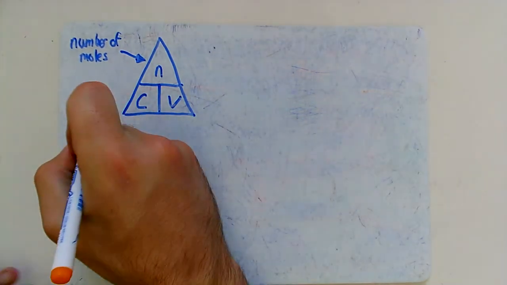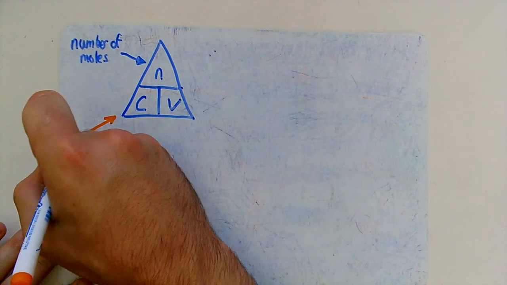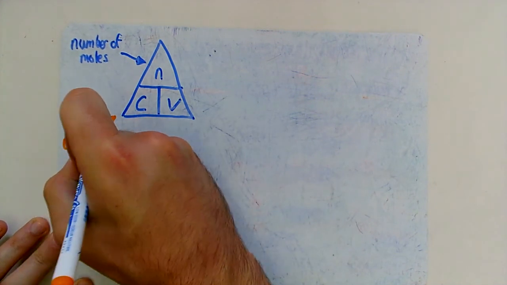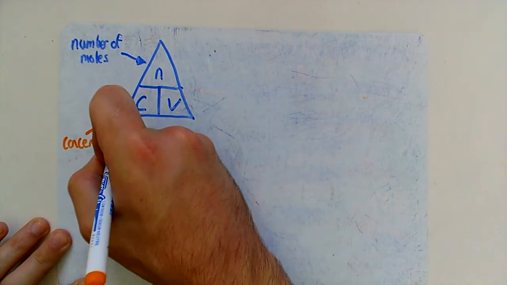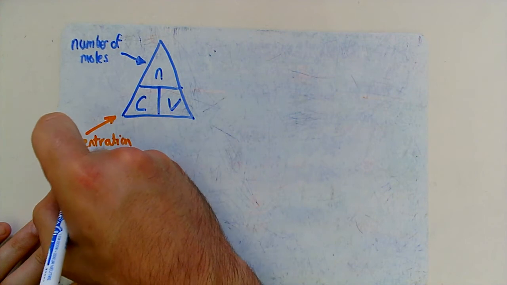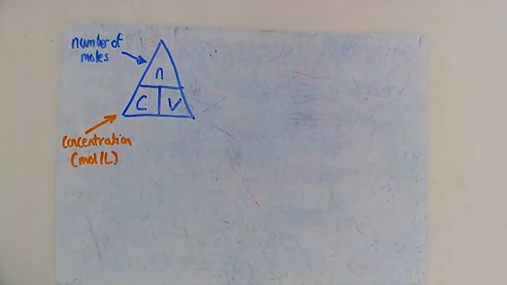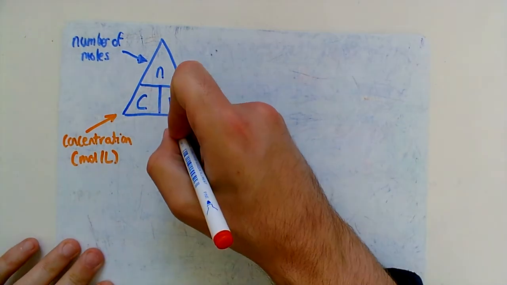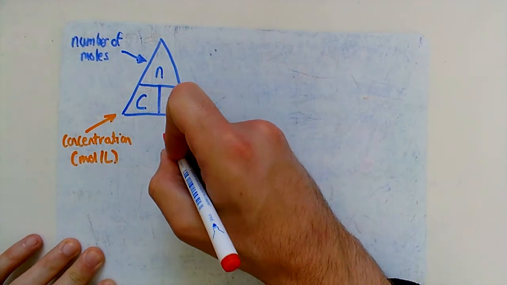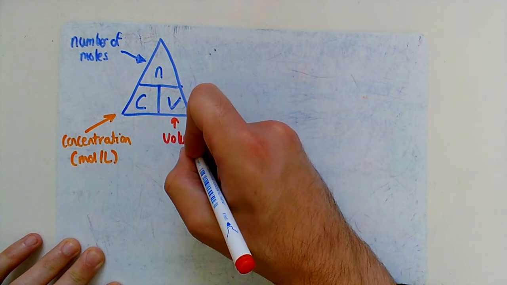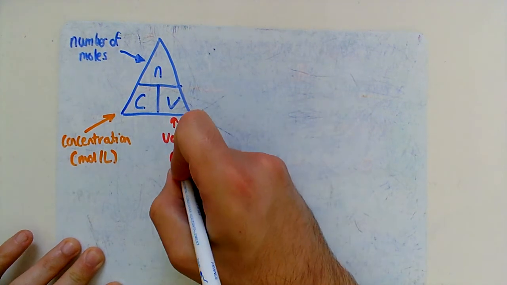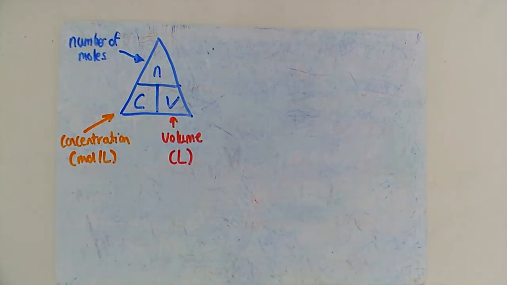C, that's concentration, and the units are moles per litre. And we have V, which is volume, which has units in litres. So we always have to turn our units into litres.